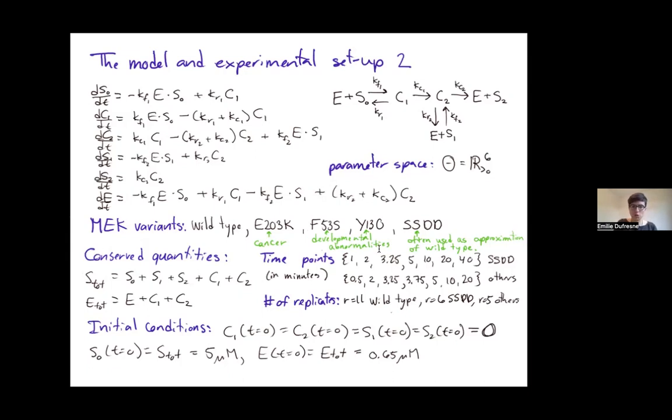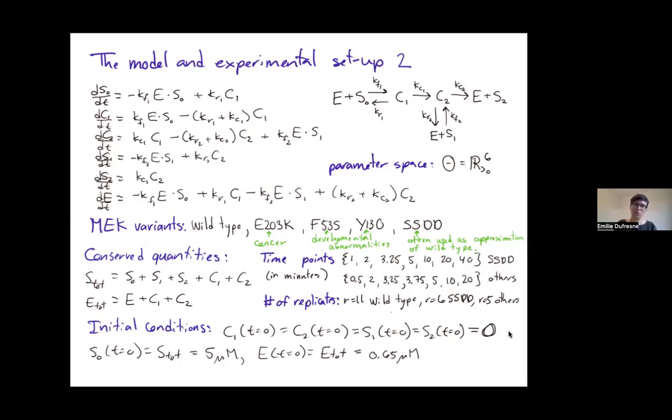The data will be measurements at the following time points. There are 7 time points in all cases, but for the SSDD, the time points are different than for the other variants. Then the number of replicates, the number of times that this experiment was conducted: 11 times for wild type, 6 times for SSDD, and 5 for the other 3.